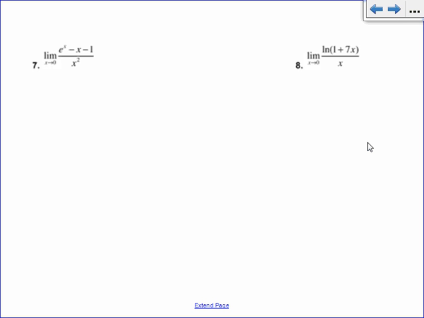All right, so this one, limit as x goes to 0. If you plug in 0, you do get 1 minus 0 minus 1 all over 0. So you do get 0 over 0, which means that we can use L'Hopital's rule. So we're going to have e to the x minus 1 over 2x.